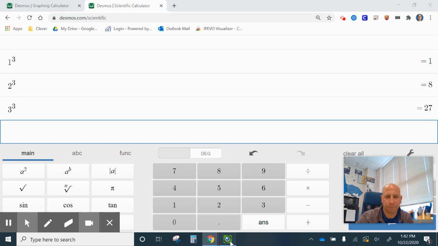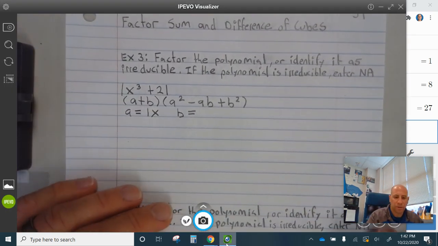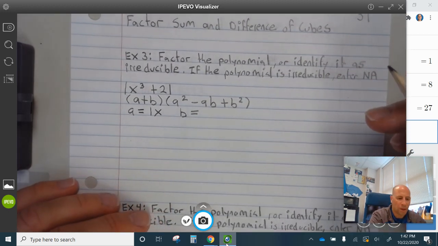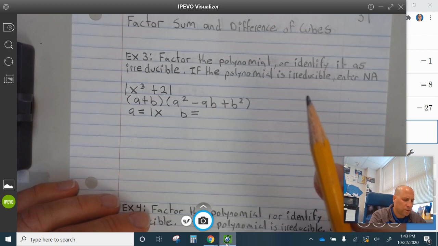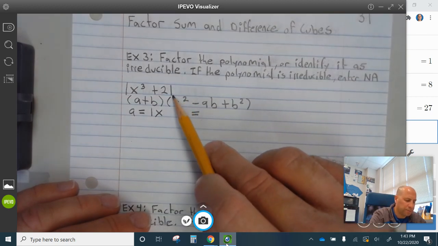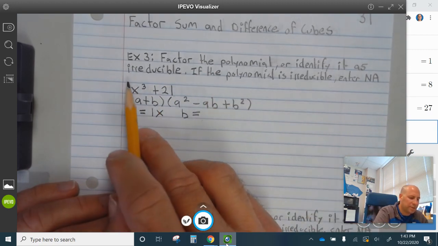Okay. So, all right. Sorry, I dropped my pencil. All right. So there's no B value that makes 21. Okay. So we know that this is irreducible.